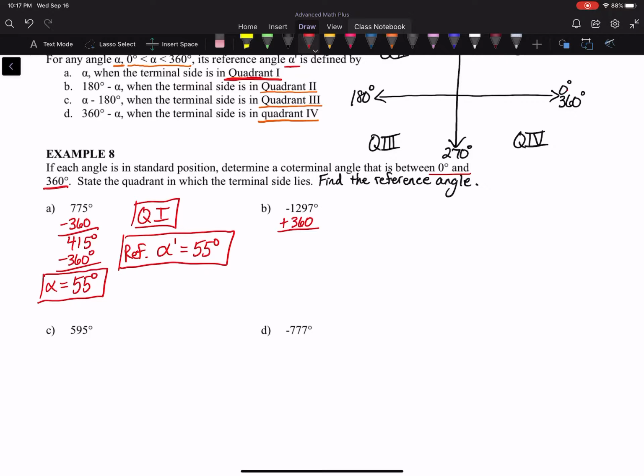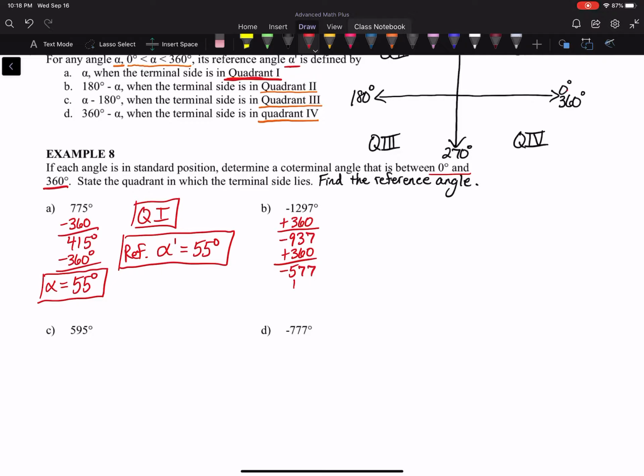We got negative 1297 plus 360. That's negative 937. That's not in between 0 and 360 yet, so we're going to add 360 again. We get negative 577.